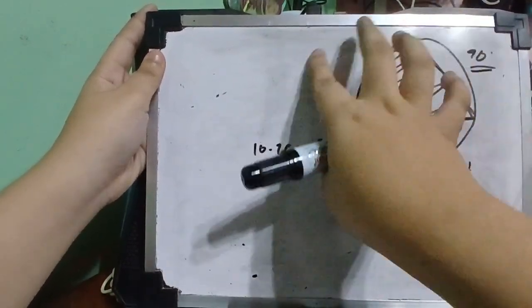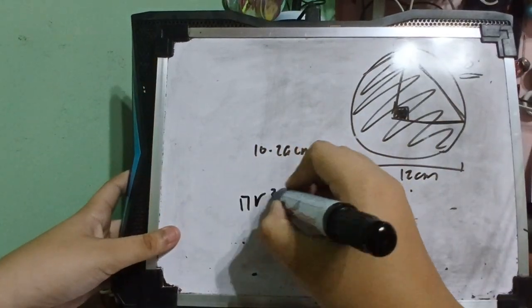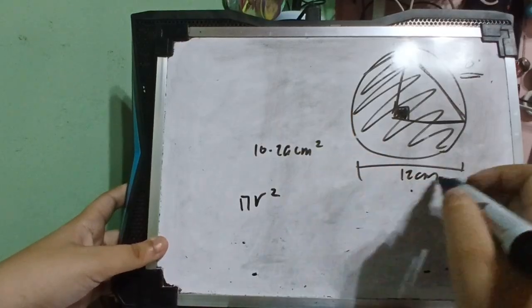Now, let's also find the area of our circle. The area of our circle is pi times r squared, where the radius is 6.